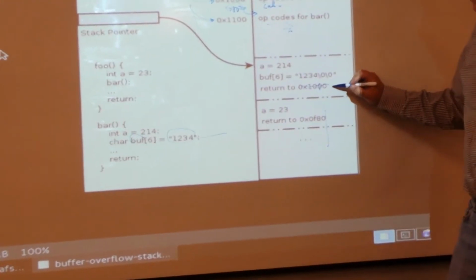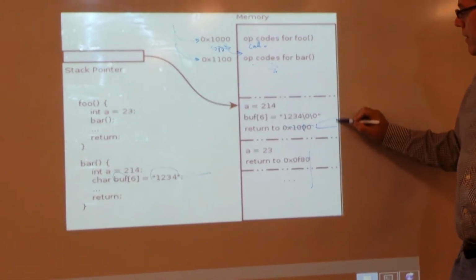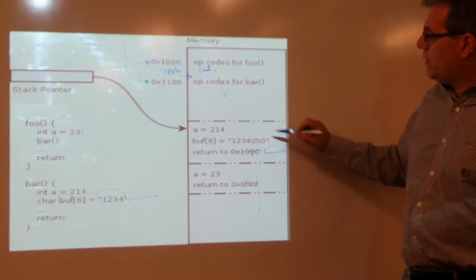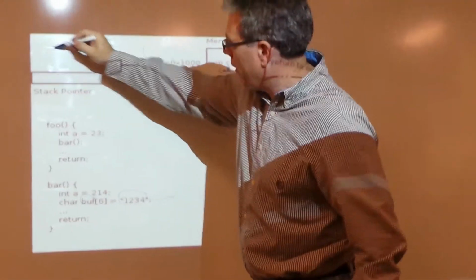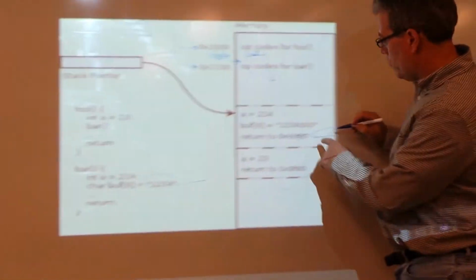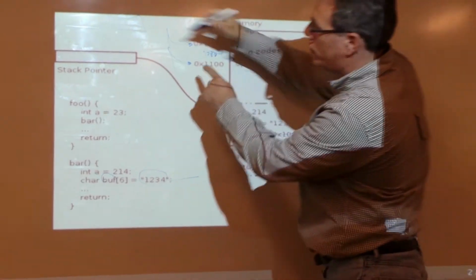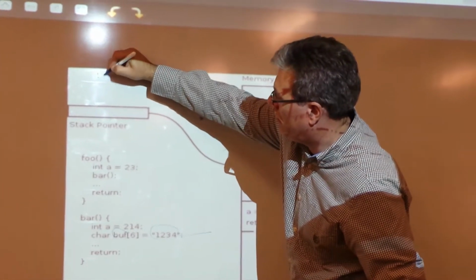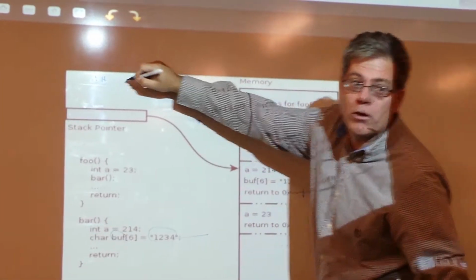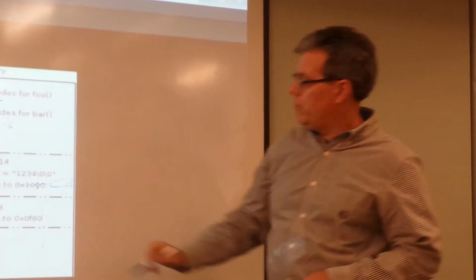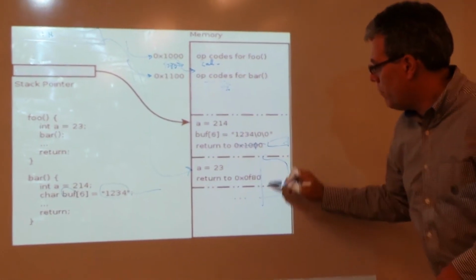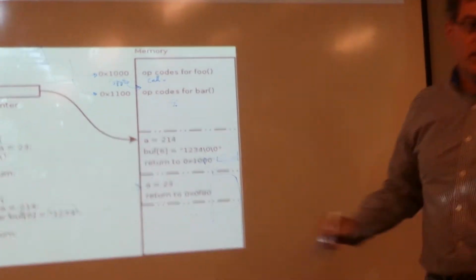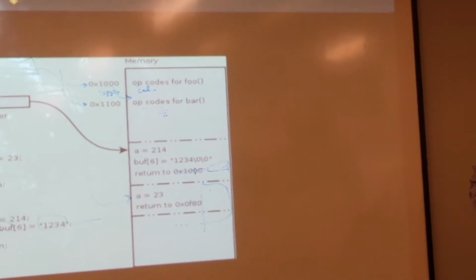If I dribble over that area of memory, I can set that to some number, which gets set to my instruction pointer. So I can dribble memory into that and push it into the address register. So I commandeer the instruction pointer, and I can point to something down here, which is my evil code, and then that code runs.